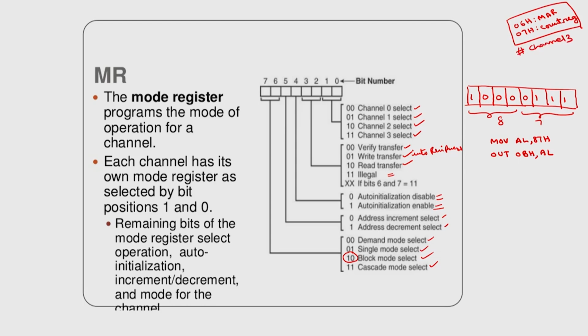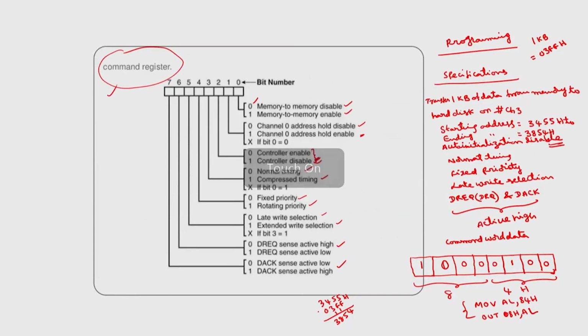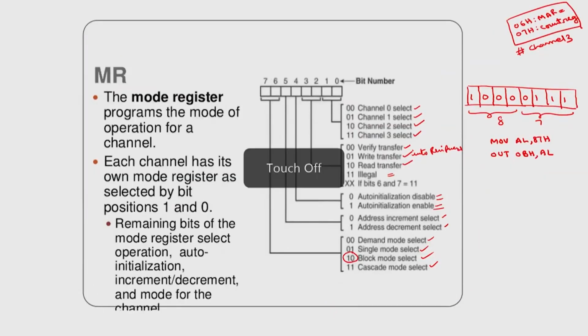So, first you send the lower order address onto this memory address register. This is a 16-bit register. So, the address is 3455H. The starting address is 3455H.